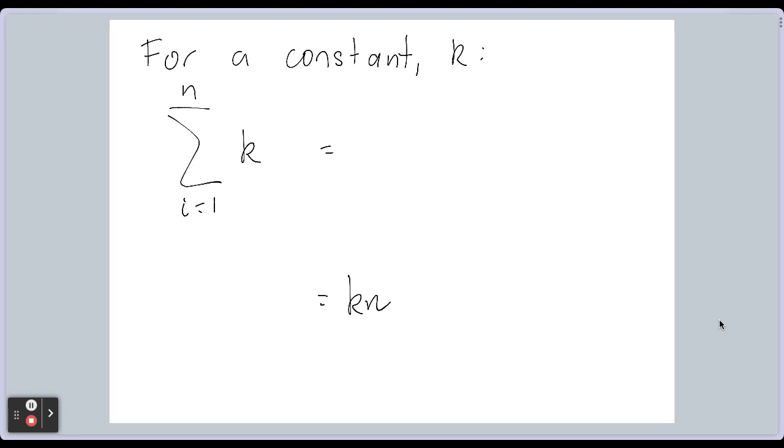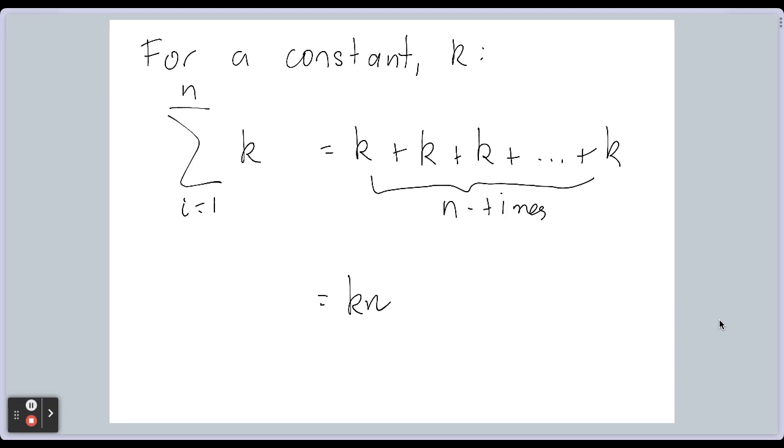For a constant k, if I summed up k from 1 to n, then when i equals 1, the term would be k. When i equals 2, the term would be k. When i equals 3, the term would be k, and so on. So I would be adding up all of these k's n times, yeah? And that's why we've got kn there, because we know that multiplication is just a summary of repeated addition, right?